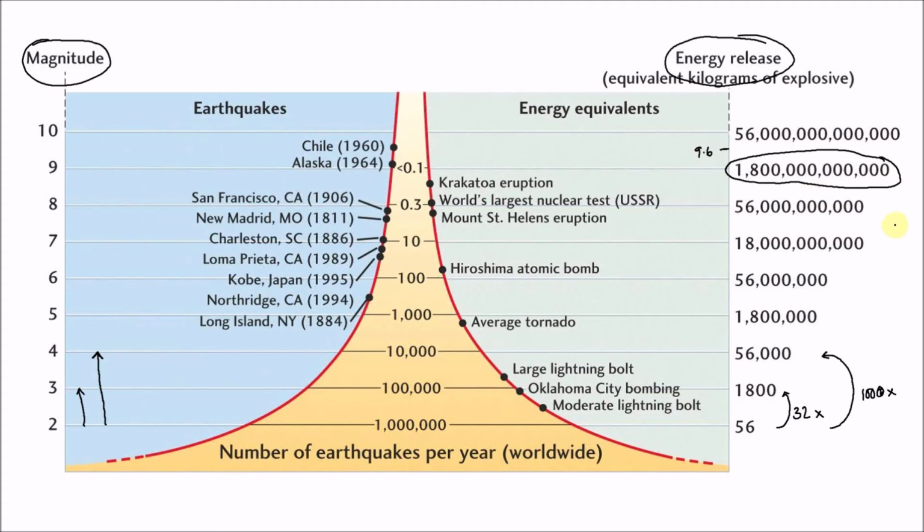So no wonder we don't get earthquakes really going beyond this 9 point something level on the magnitude, because in order to build up this amount of energy, we would have to have that energy building up for such a long time, and the crust isn't really able to withstand that amount of energy building up within it.